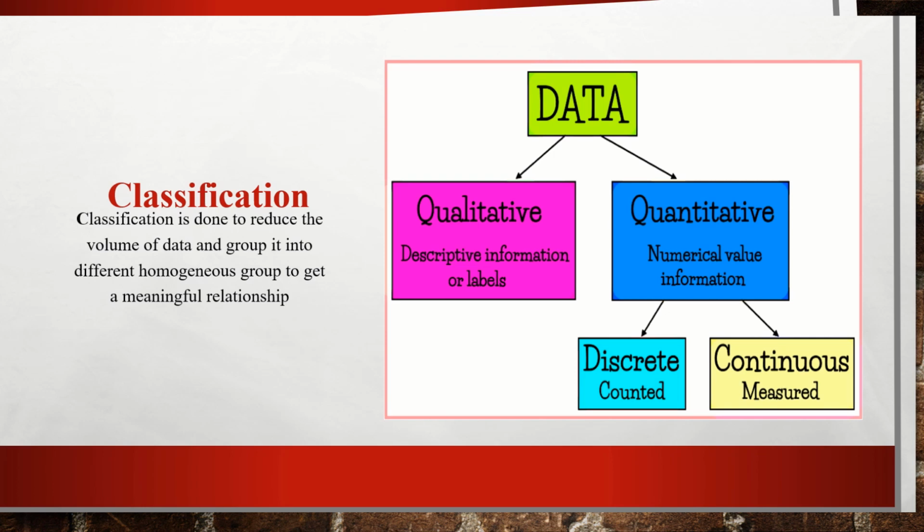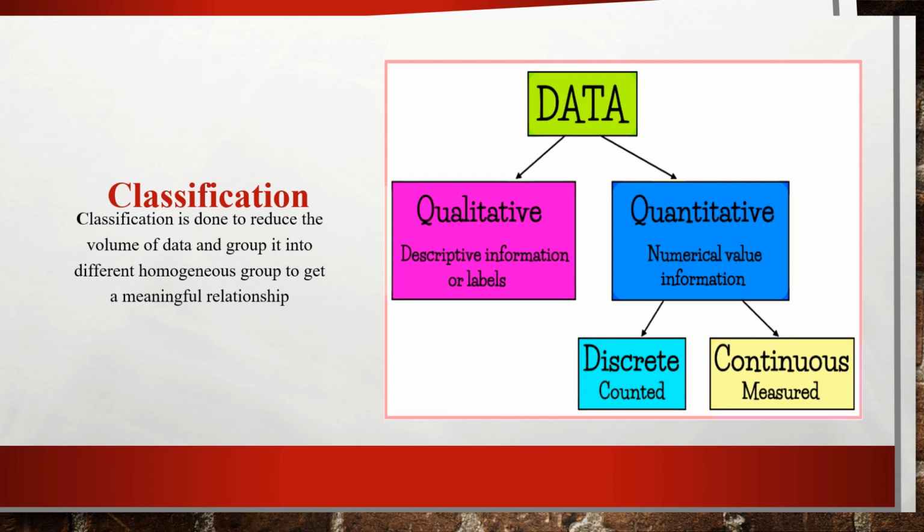Then next one is classification. Classification is done to reduce the volume of data and group it into different homogeneous groups to get a meaningful relationship. The data that we have coded in the early stage can be classified into homogeneous groups. Mainly we can do qualitative and quantitative classification. There are also other classifications we can discuss.